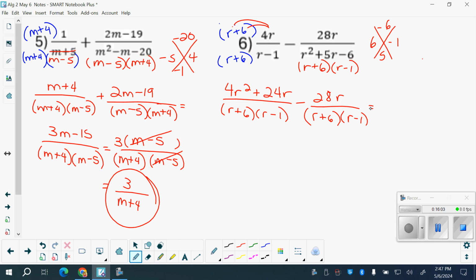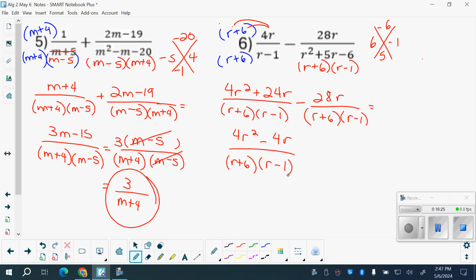We're going to add our like terms here from the numerator, and we get 4r squared minus 4r over r plus 6 times r minus 1. And then we've got to factor that numerator.